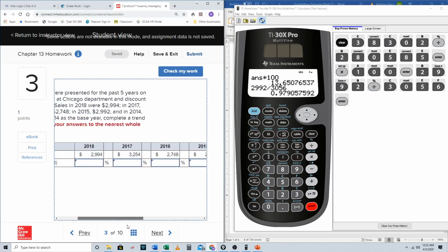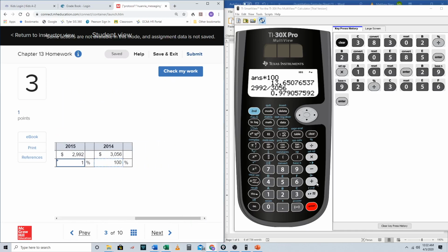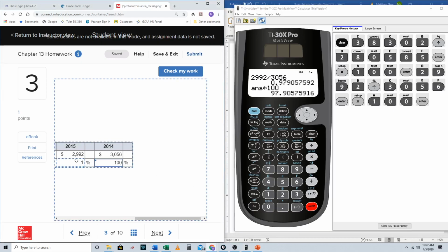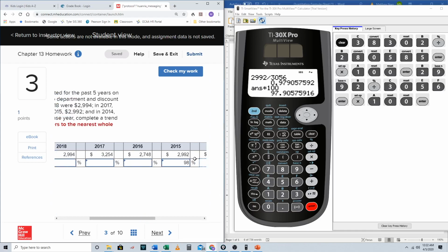Now, here's the nice thing. They want nearest whole percent. So all we have to do is multiply this by 100 and round to the nearest whole number, 98. That is your answer. Not 0.98, not 1. If you ever get 1 on anything, something's wrong.